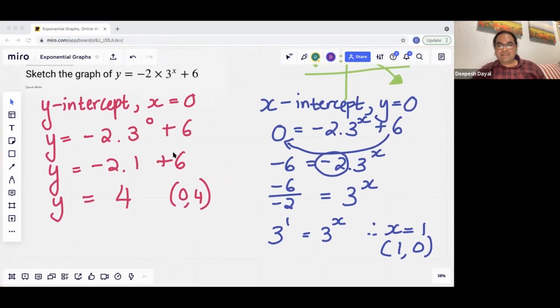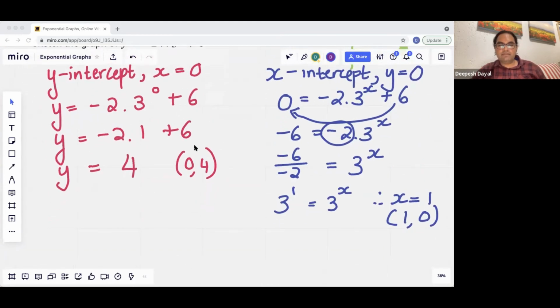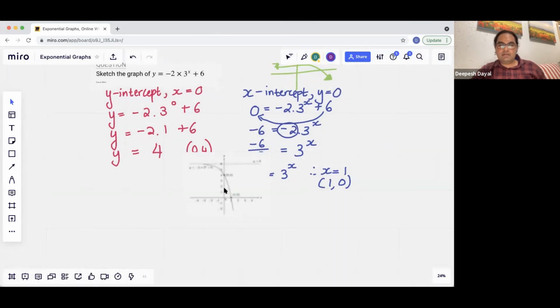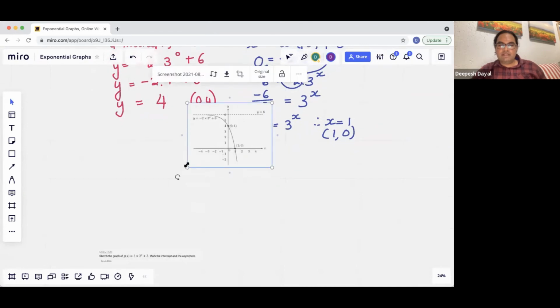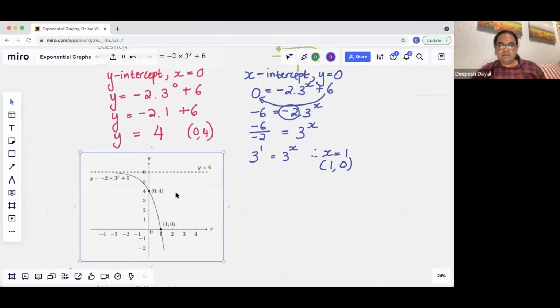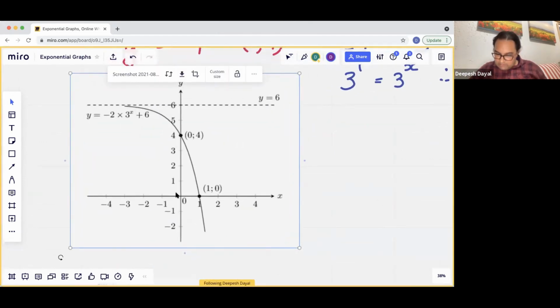And then we're going to draw this graph, right? So we've got the x-intercept, we've got the y-intercept, and then we've got the asymptote, right? Today, I'm going to do some magic, and we've got the graph already, right? I'm going to make the graph a bit bigger just so that you all can see it nicely. And there's the graph, right?